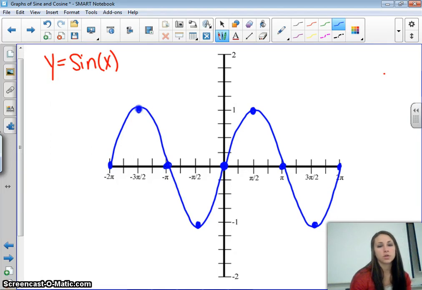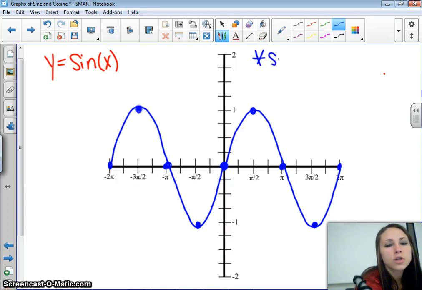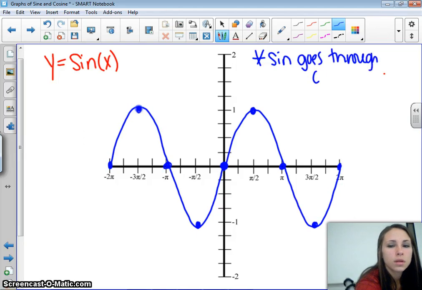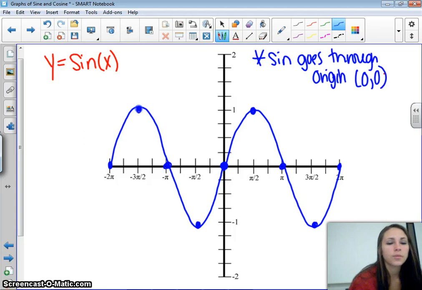This is what the basic graph of sine looks like. If we've done nothing to it, if we haven't shifted it up or down, left or right, or changed the period, and I'm going to show you what that is in a second, then sine goes through the origin, at 0, 0.